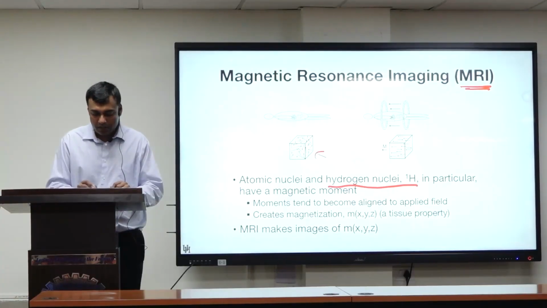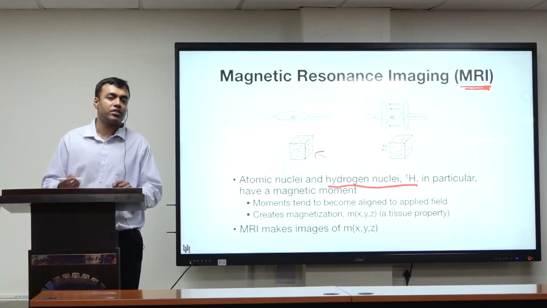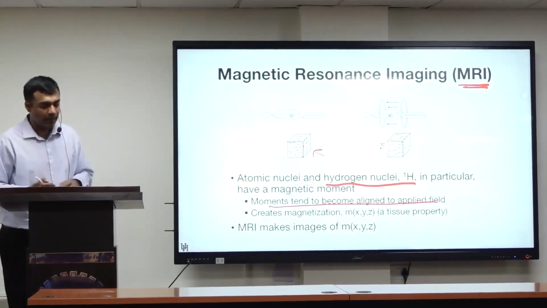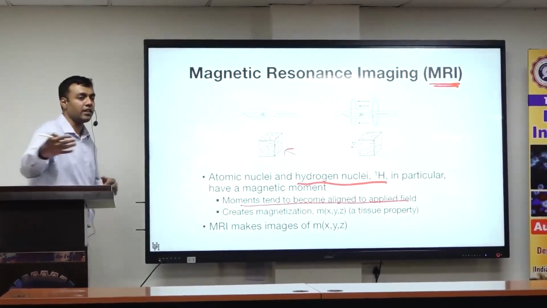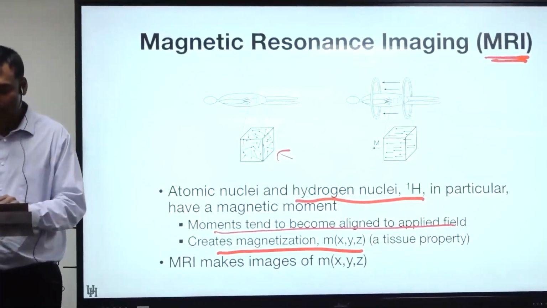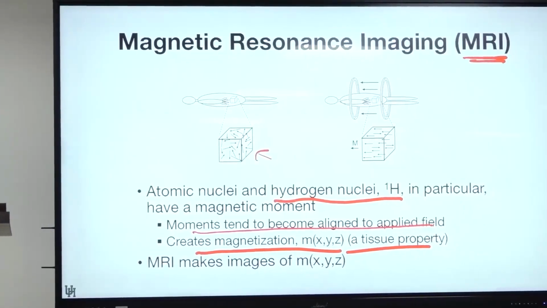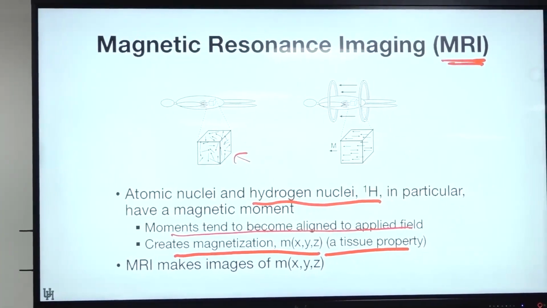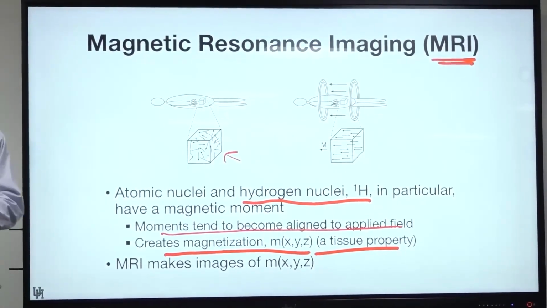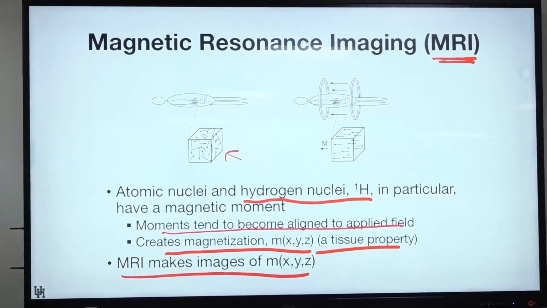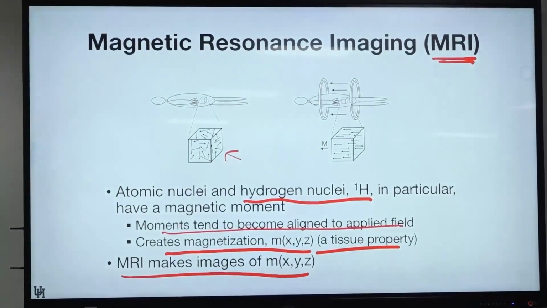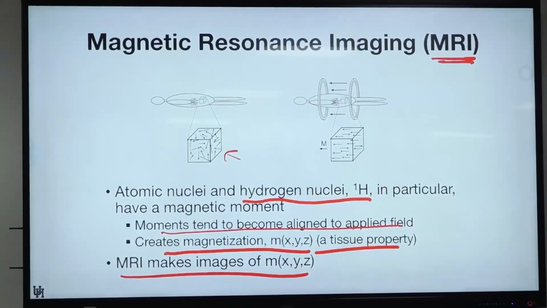When you apply a very strong magnetic field, these moments tend to align with the direction of the magnetic field. This creates magnetization inside the body, and this is the tissue property that we will measure. So MRI takes images of this magnetization inside the body. That's really what the MRI is measuring.